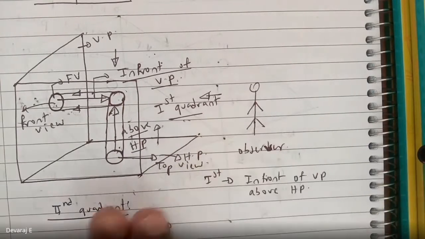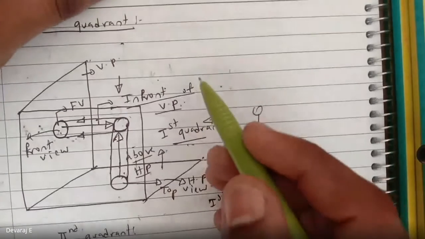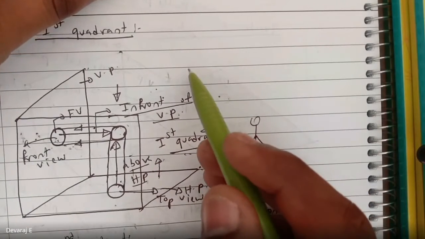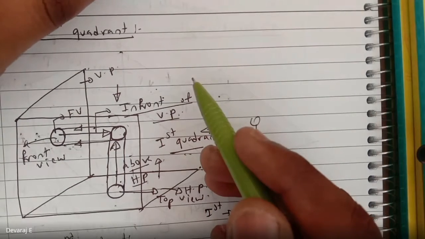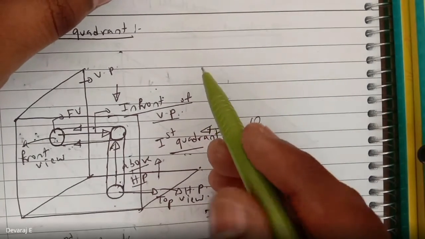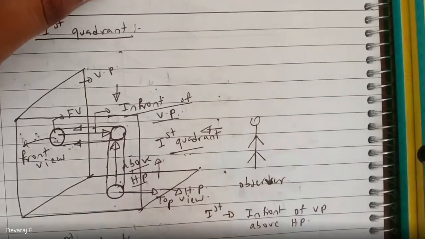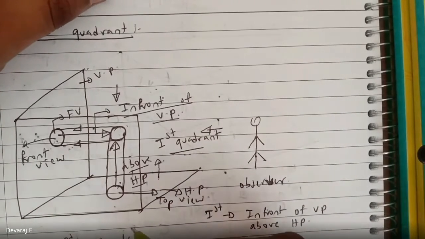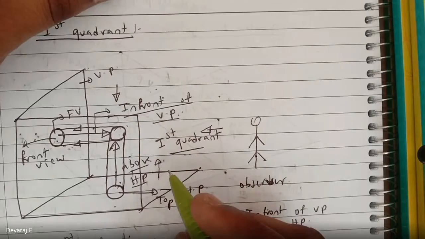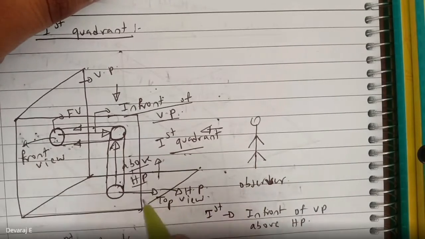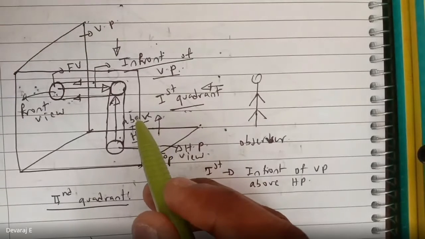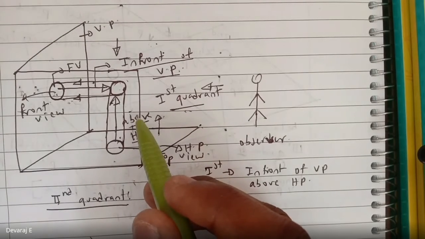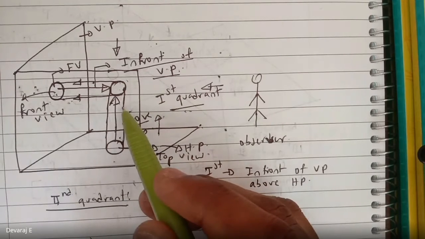For example, if I say the object is kept 30 mm in front of VP and 40 mm above HP, immediately you should understand it is a first quadrant problem. You should draw this 3D first and analyze which quadrant is given, then convert it into 2D. I'll teach you later how to convert this 3D into 2D.